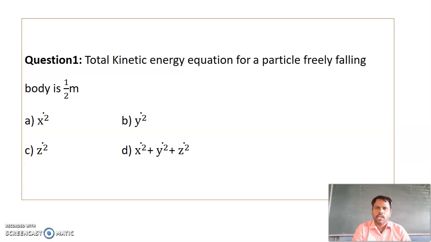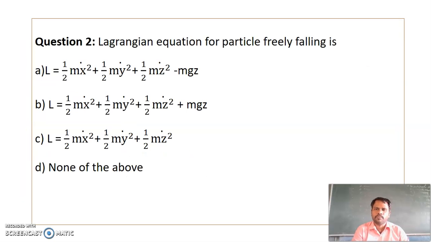Question number 1. Total kinetic energy for a freely falling particle is given by half m times x dot square plus y dot square plus z dot square. So the option is D. Question number 2.